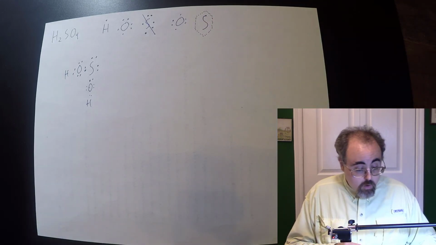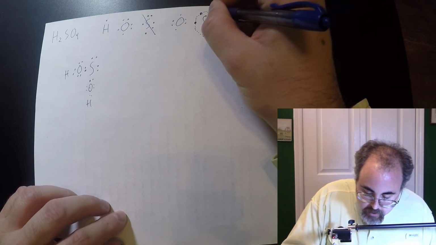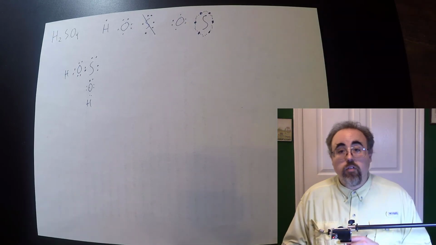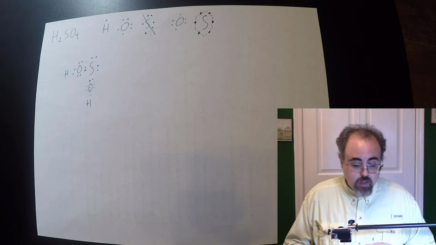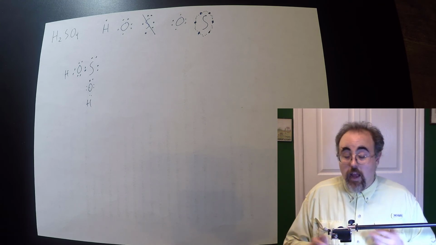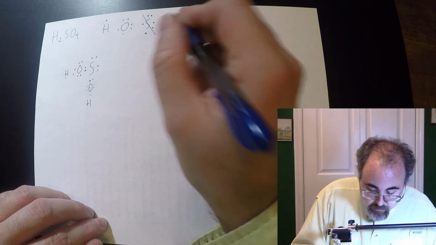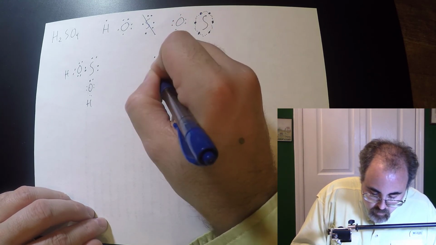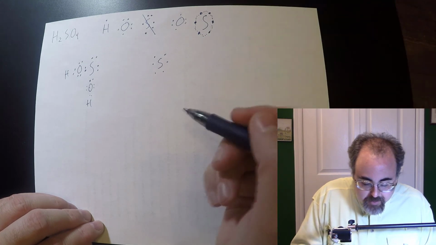And now, with it being a hexagon, I have 6 valence shell electrons, and there are 6 orbitals to put them in, an s, 3 p's, and 2 d's. So I can now use this guy in my new structure. I have sulfur, 1, 2, 3, 4, 5, 6. I know, it always looks a little weird when you don't put the actual dots on there. You know, the invisible line.